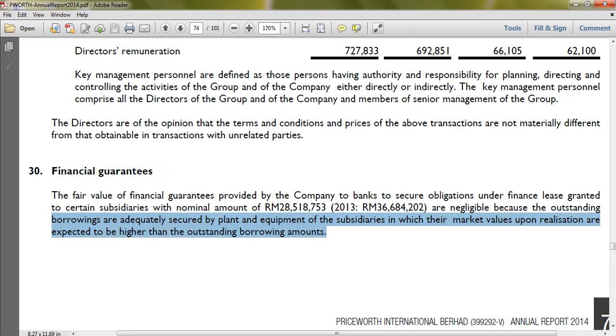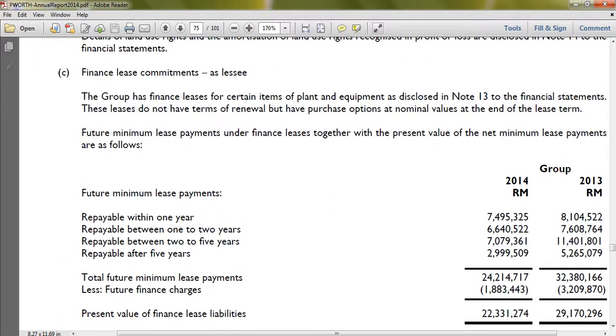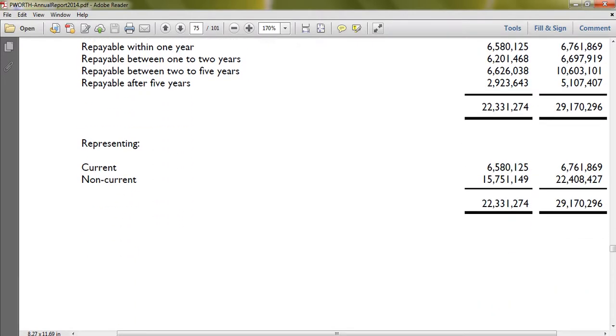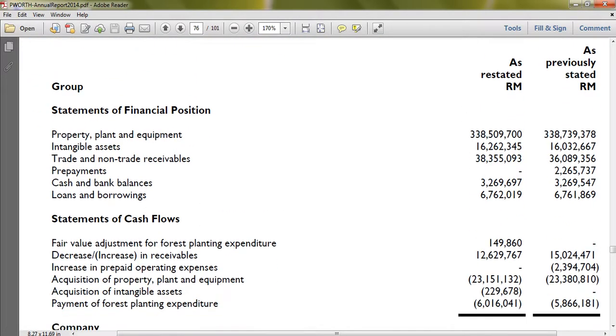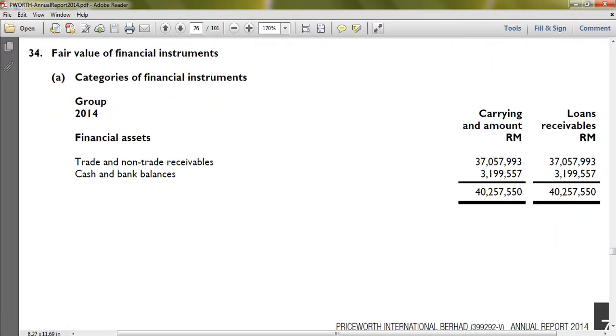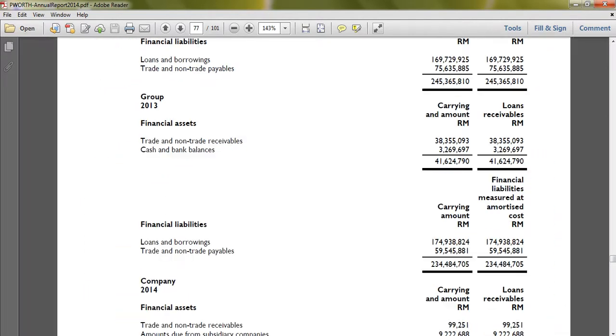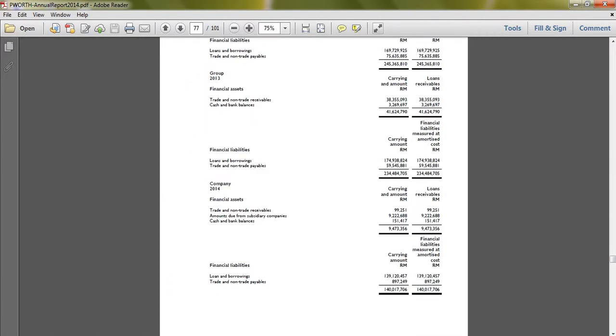They're saying that the equipment is much higher than the market values, open realizations higher than the outstanding borrowing amount. Just see how first. It's almost there already, so this one I just skip faster. This one, never mind, I just minimize it.